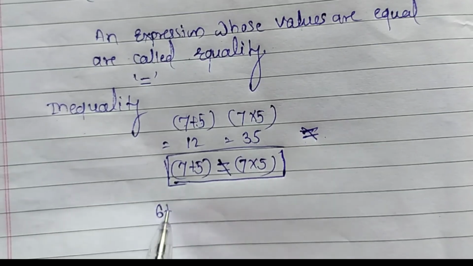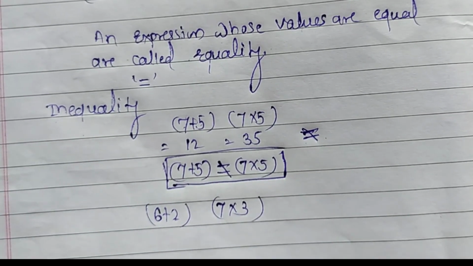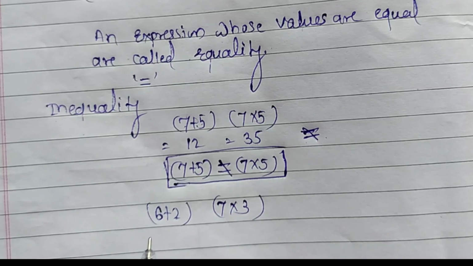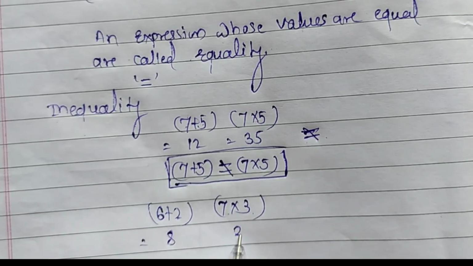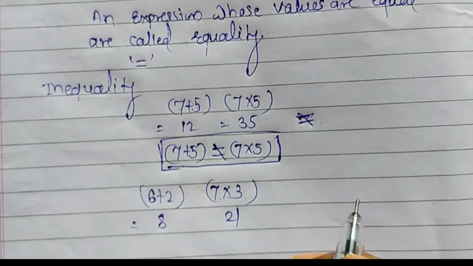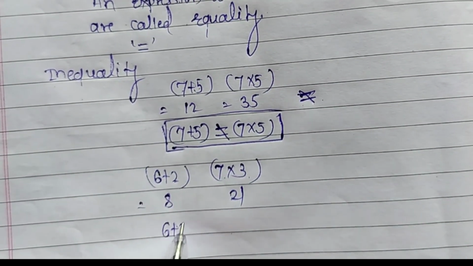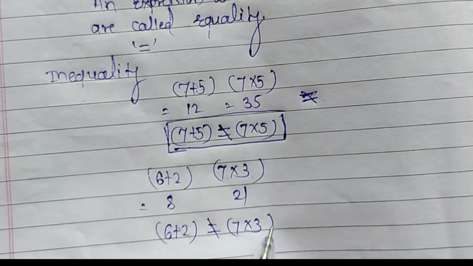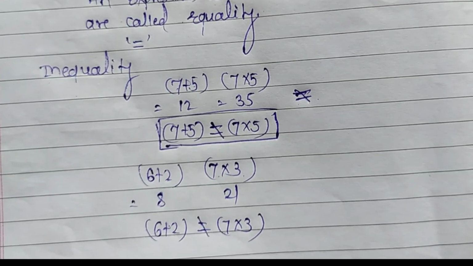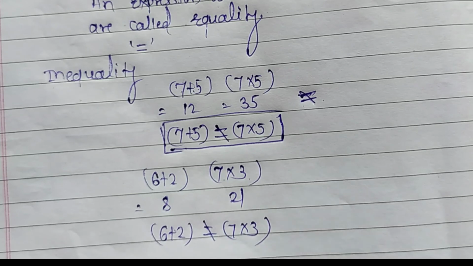Suppose 6 plus 2 and 7 multiplied by 3. 6 plus 2 we get the number 8 and 7 multiplied by 3 we get the number 21. So we can write it as 6 plus 2 is not equal to 7 multiplied by 3. This is known as inequality.